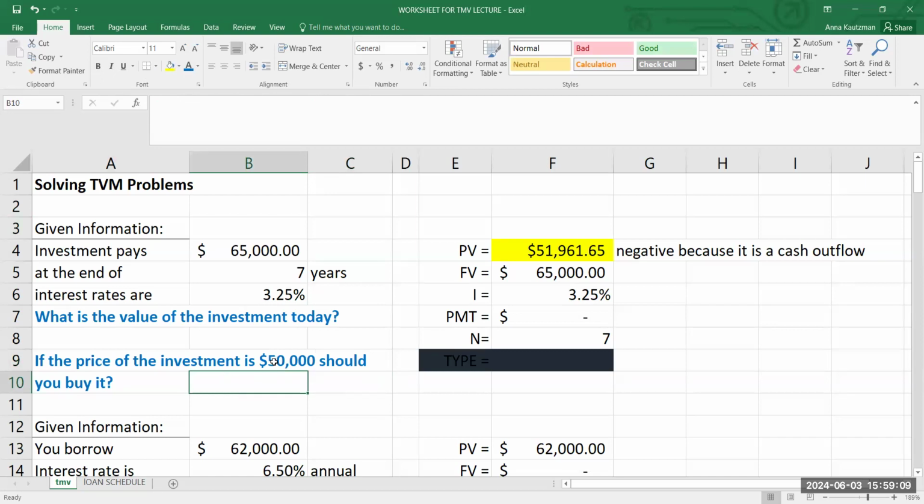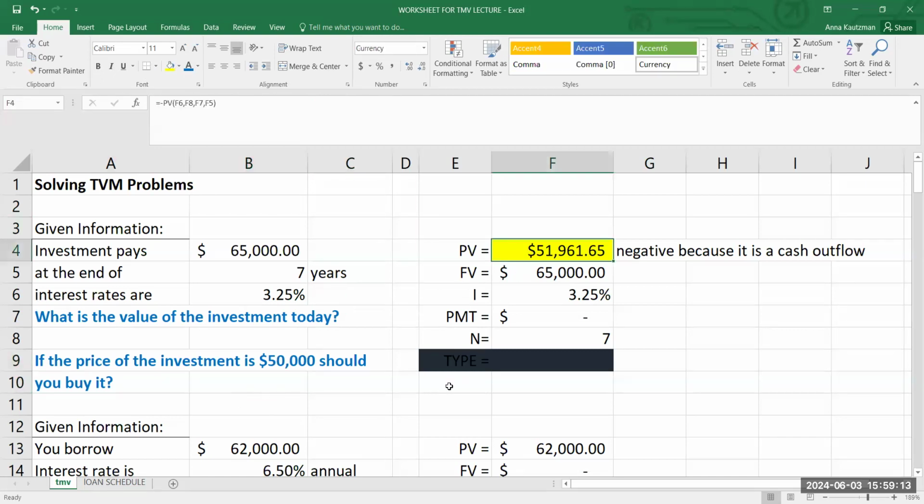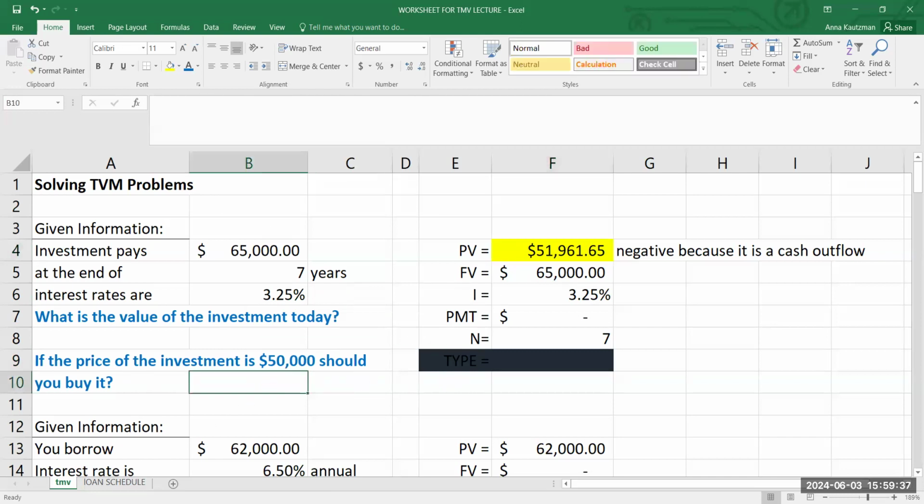Just looking at the value, you invest 50, it's really worth that today. This is not how much you would make. You're going to get the 65,000 at the end. The price is 50. The value is almost 52. So the price is less than value, meaning it's on sale. You can buy something worth 52 for 50.